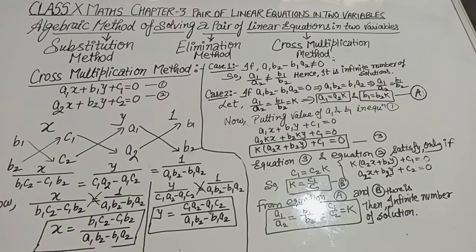Case first: if the denominator a1 b2 minus b1 a2 is not equal to 0, then it is a unique solution, and if it is 0, then it is an infinite number of solutions.